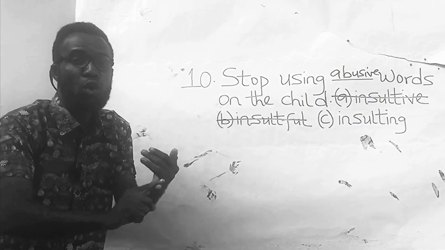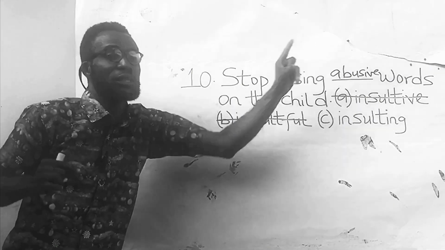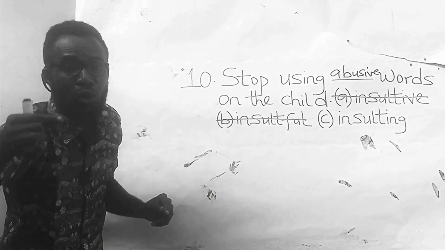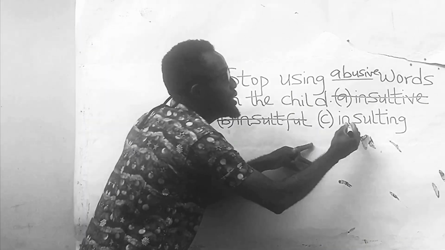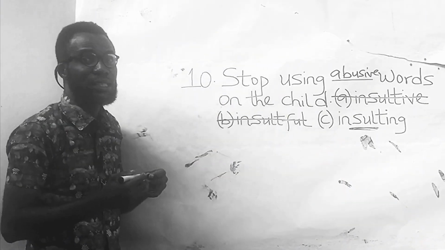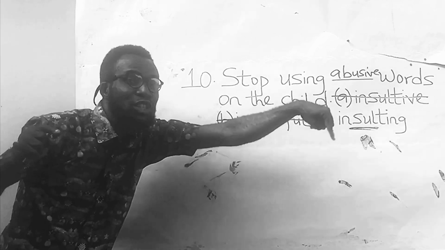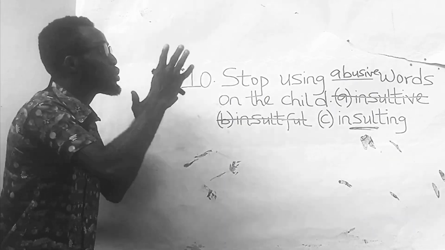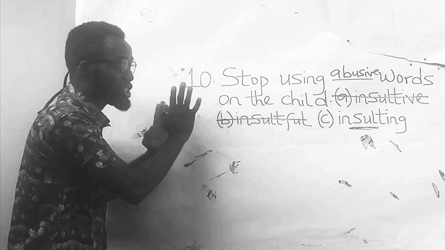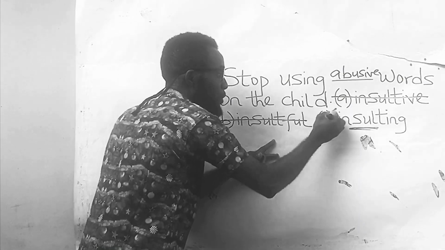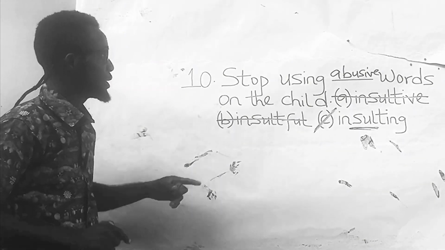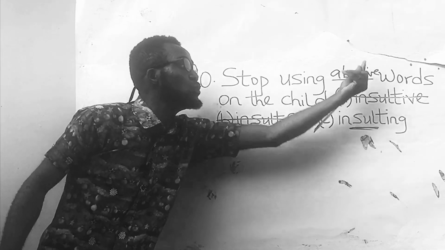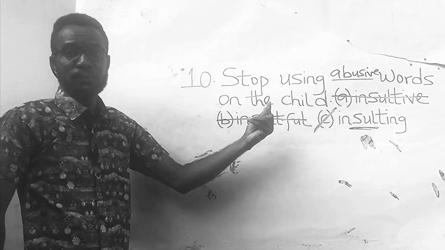If a word or a person is abusive, then we say the word or the person is insulting. It should end with ing and not ive or ful. So the correct option for this question is option C. So that the question reads, "Stop using insulting words on the child."